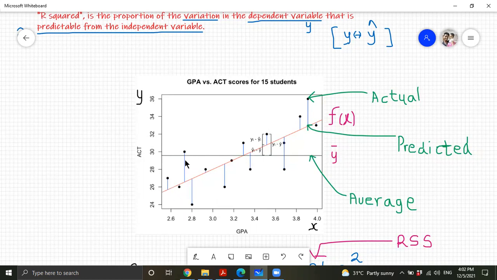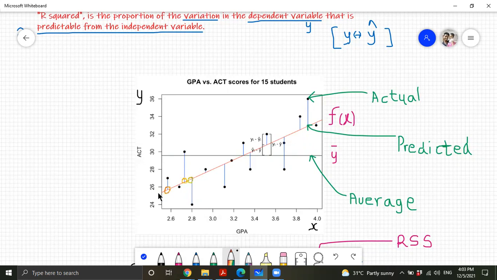Here you can see the blue lines. These blue lines are the variation. The actual points are these points, but our model will predict these points. For this black dot, it will predict this point, and likewise for these other points.